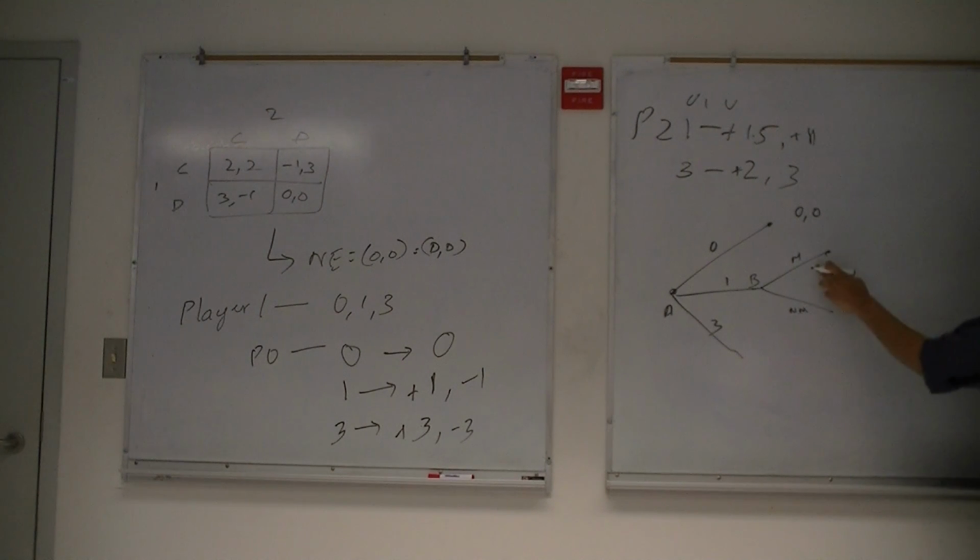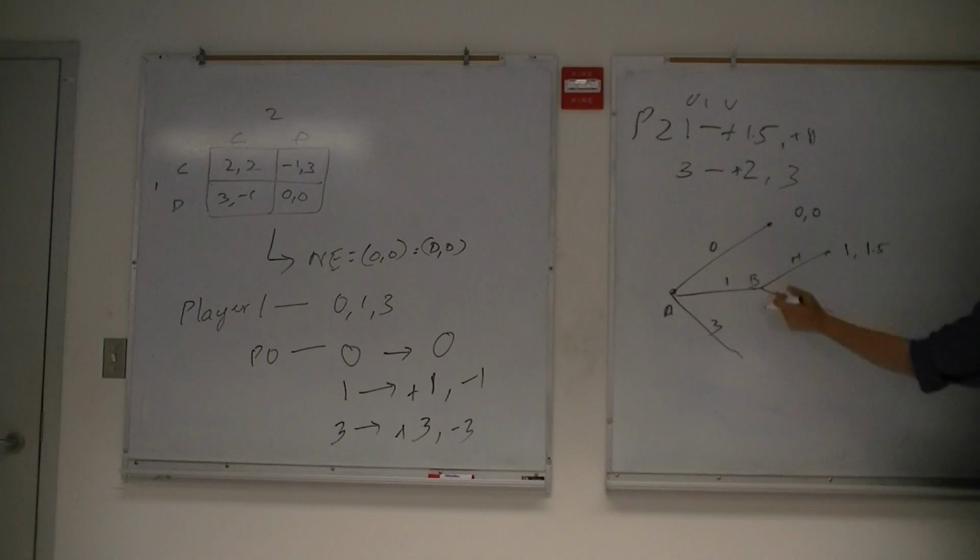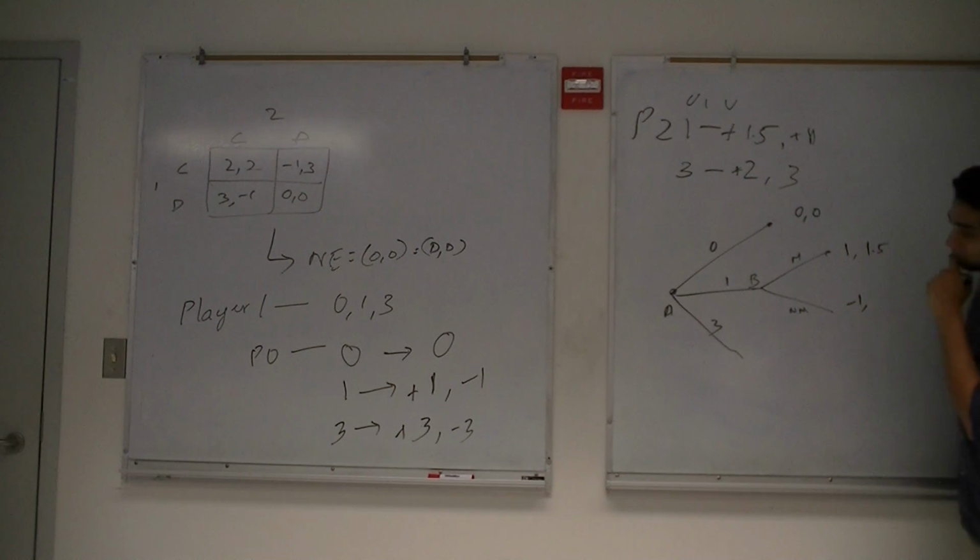If he matches it, Sean will actually get a payoff of 1, and Bay would get a payoff of 1.5. When Sean puts in 1 and Bay doesn't match it, Sean would get -1 and Bay would take the money.